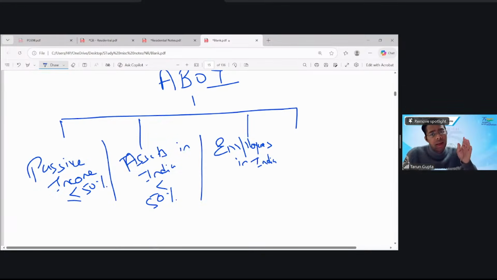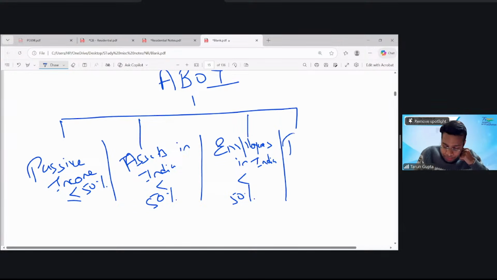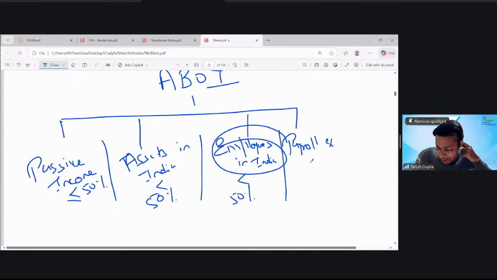In any of the cases, either the employee may be resident in India or he may be situated in India. If the employees are less than 50% of the total employees. And the last condition is the payroll expense on these employees who are resident or situated in India is less than 50%.